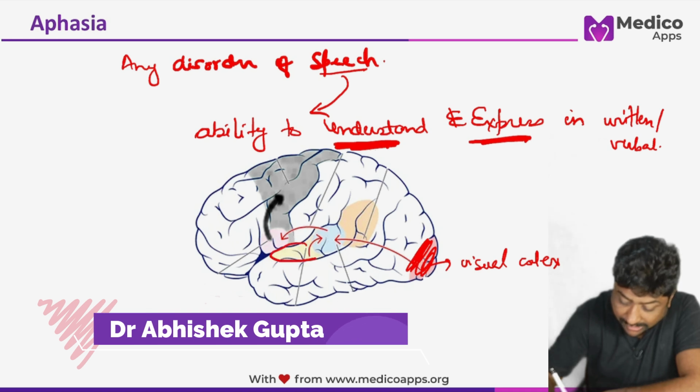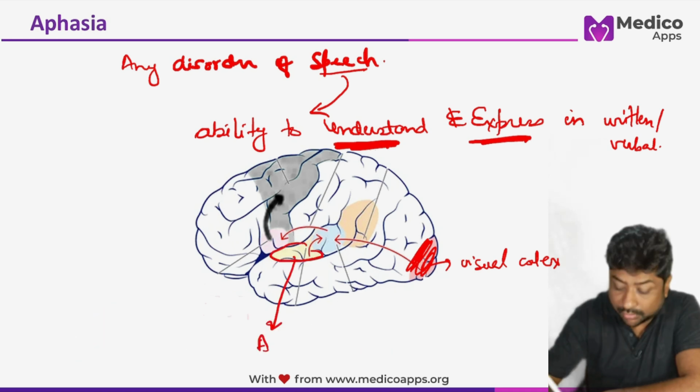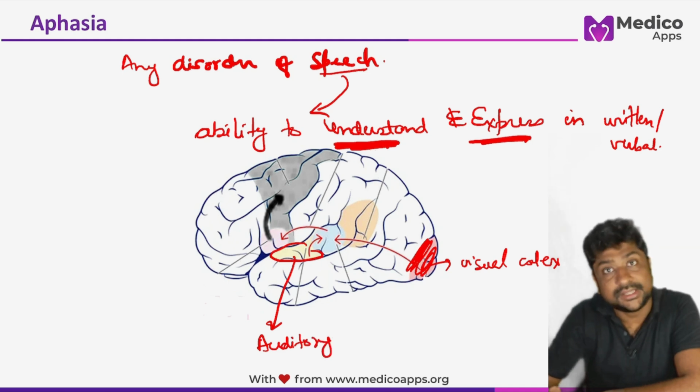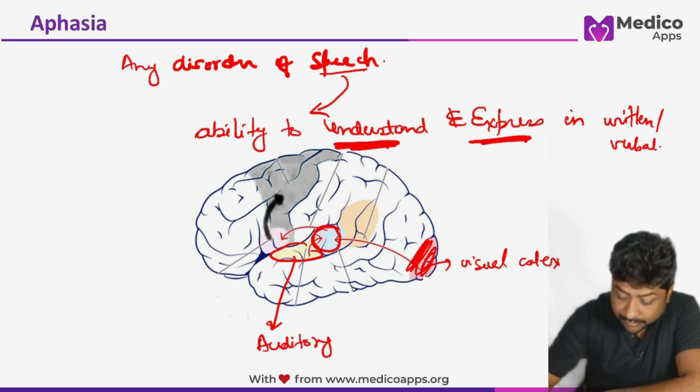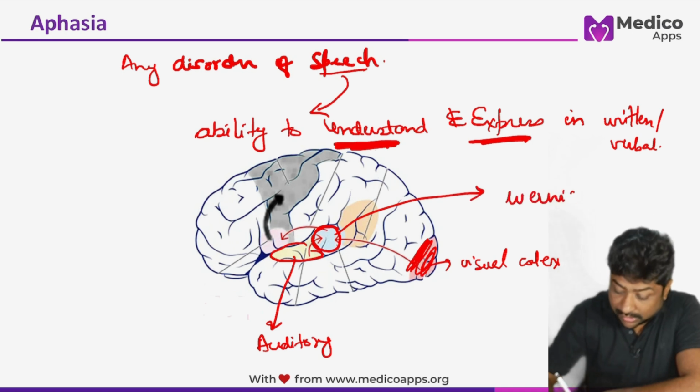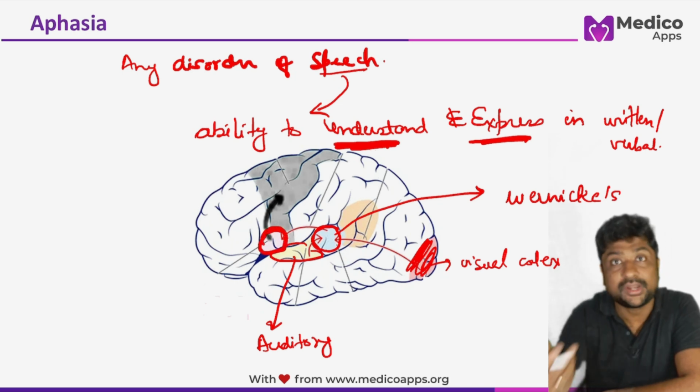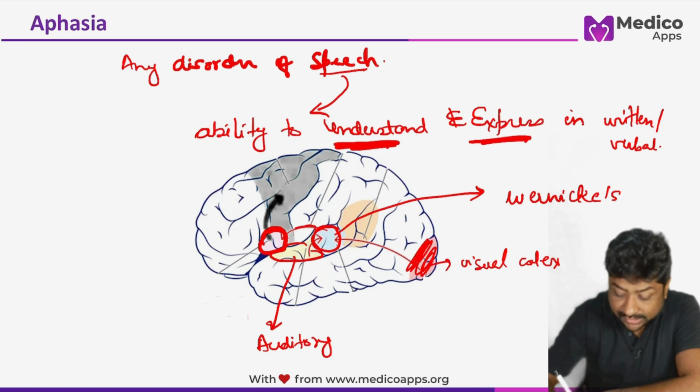This we know is the auditory cortex, and both visual and auditory cortex give their input to this area. This is the sensory input area of your speech, and this area is called Wernicke's area. Once it has received all the sensory input, it will convey it to this motor area of the speech.